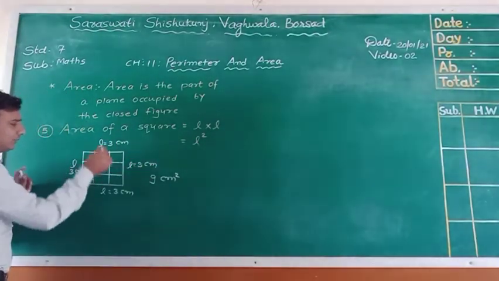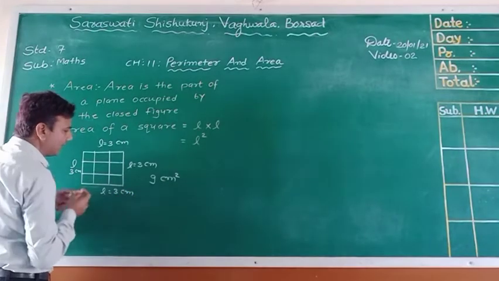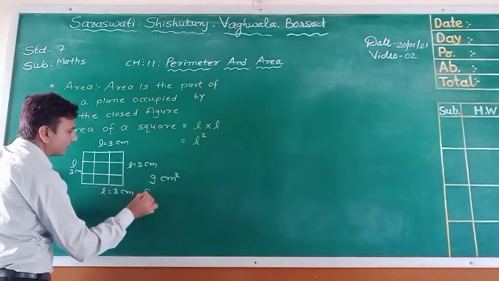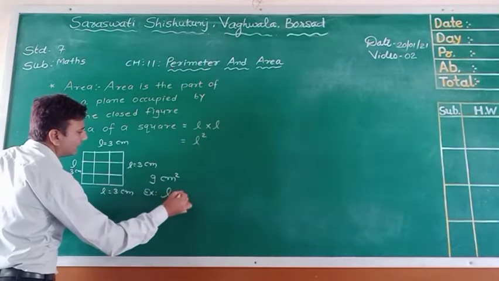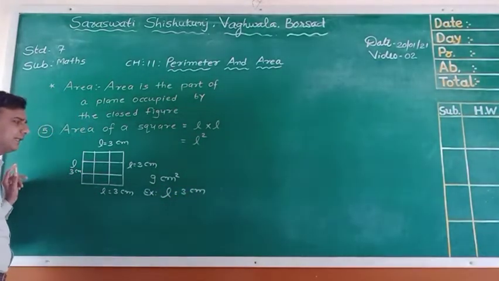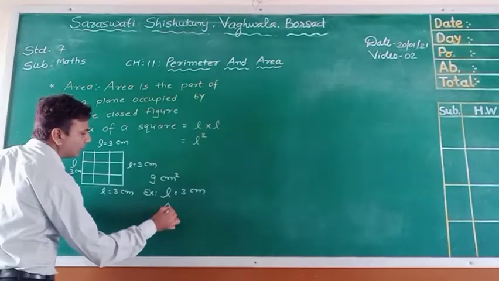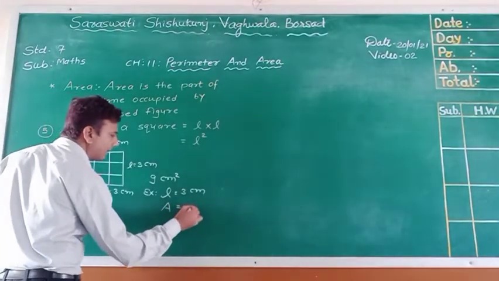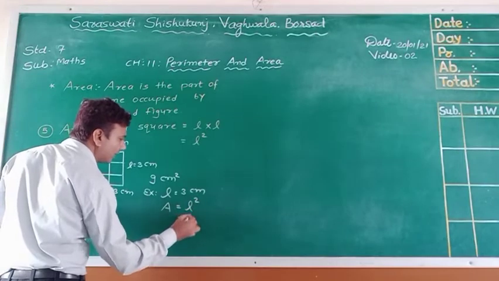See, if the length is given in a square, for example 3 cm, and we want to find its area, simple, we can use this formula. Area of a square equals L square.